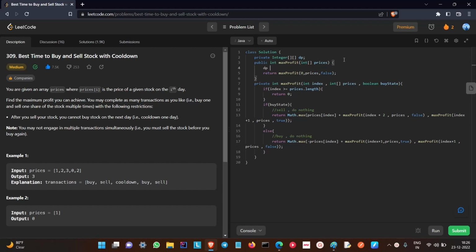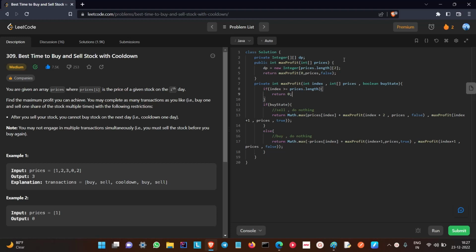When we get into the function, we create the number of days, which is prices dot length, for n days. So for number of days, we'll have two states, which is buy and sell.